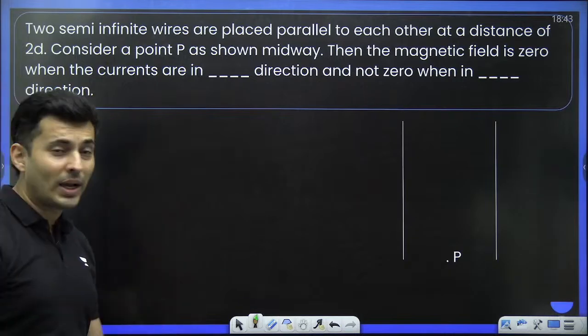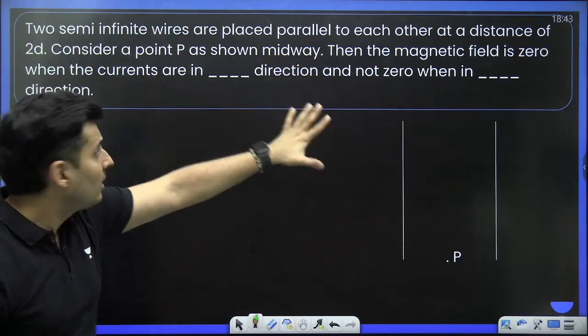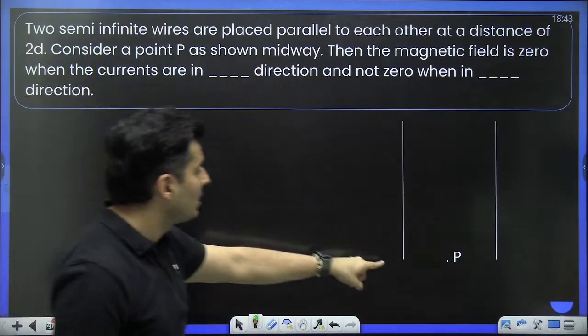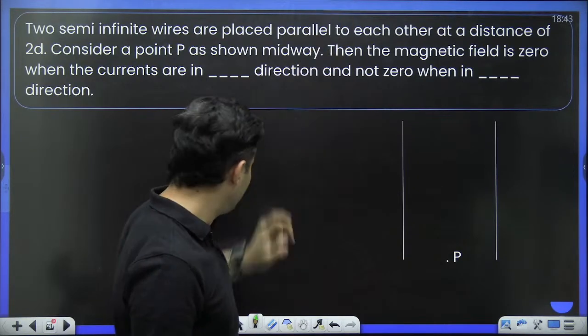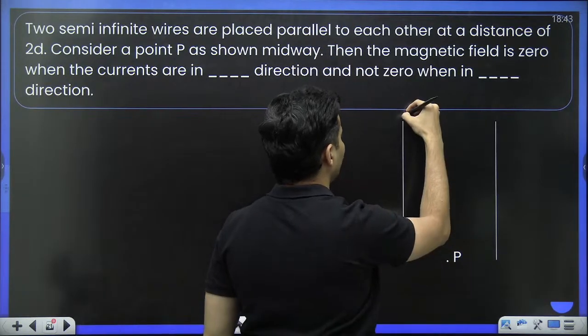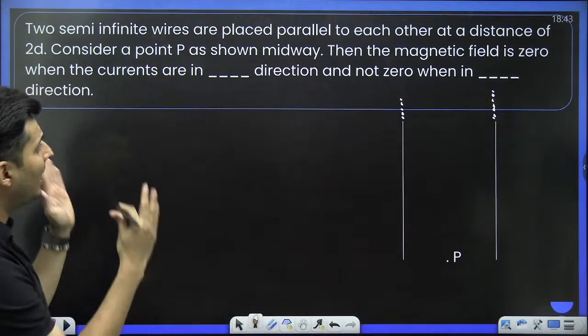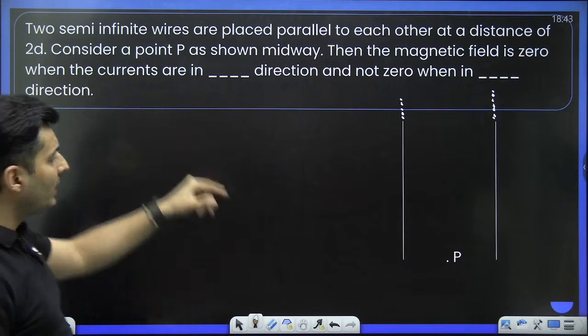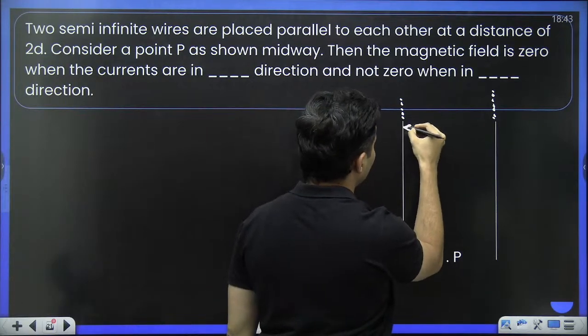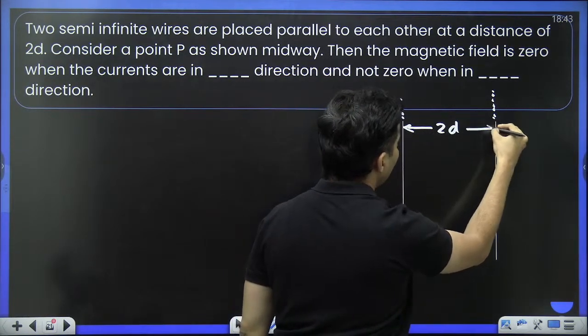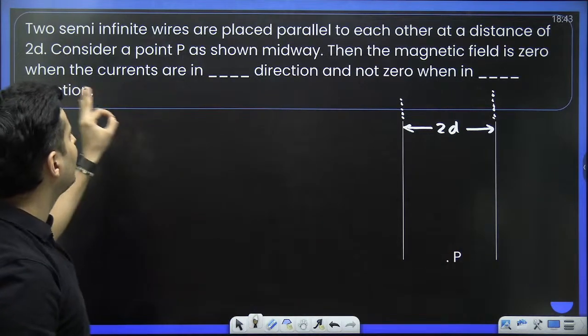What do we have? Look at this. Two semi-infinite wires. So this is one point. The next point is at infinity over here. This continues till infinity like this. These are semi-infinite wires parallel to each other. The distance is 2D, and this point is exactly in between.